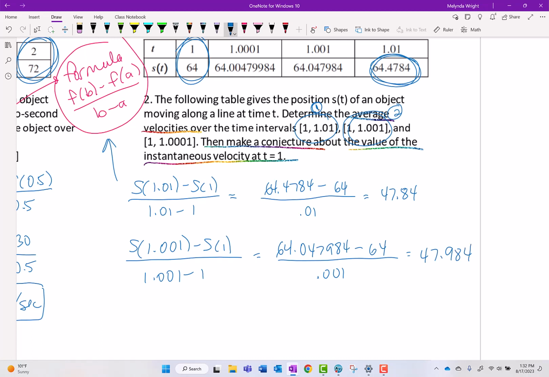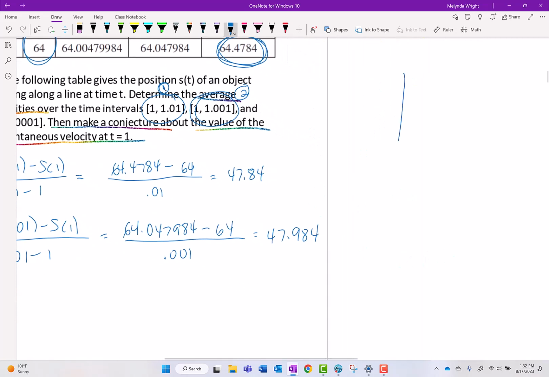So I want to talk about this for just a minute. This seems kind of weird, don't y'all think? I'm starting out at 1.01 to 1. Let's think about what's happening. We'll just do a number line. Here's 0, there's 1, and there's 2.